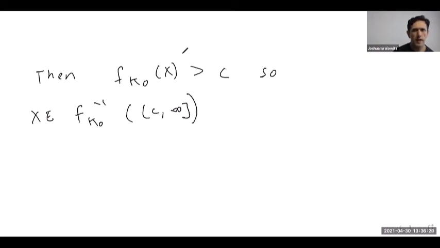Not a whole lot to that. It's bigger than C, so it's that, and obviously that's a subset of the union. So this direction's pretty trivial.